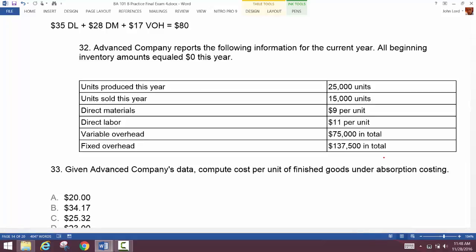Okay, good. So if I'm dealing with absorption now, do I pick up the materials cost? How about the labor? How about the variable overhead?